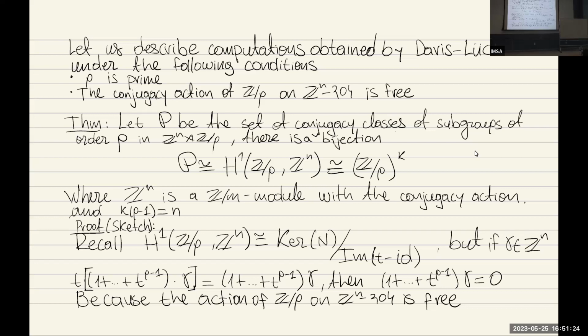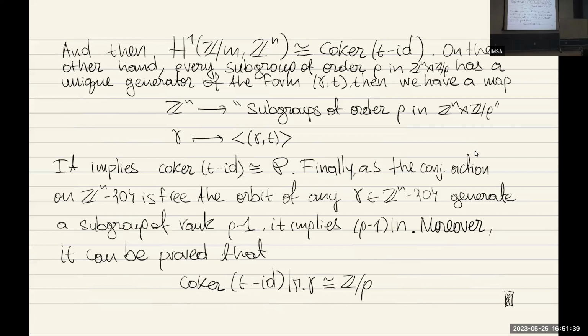It means that the norm map is 0. Then this kernel is all the group, all of Z^n. Then we have that the first cohomology group is just the kernel of T minus identity.